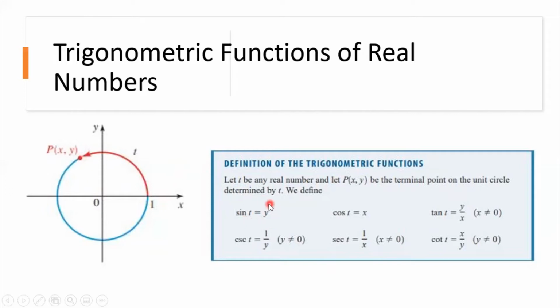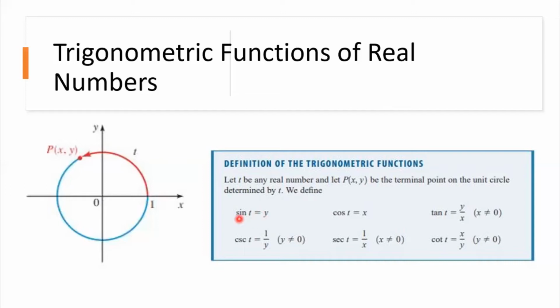That means that sine of t, whatever the t, as long as t is a real number, since we are referring to a distance, and sometimes t also refers to the angle measure in radians. And since radian is a real number, sine t is equal to y.